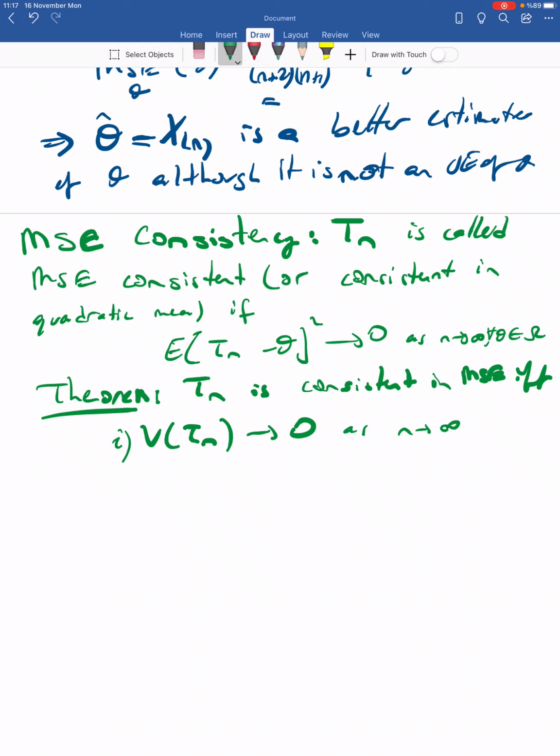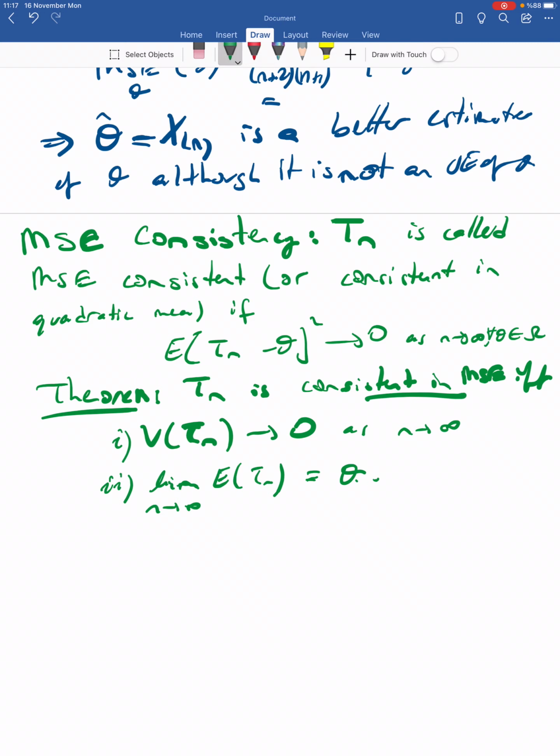When n goes to infinity, the variance of Tn is 0. Sorry, I should say expectation here; the expectation should be theta. So if these two conditions are satisfied, then we have consistency in mean square.